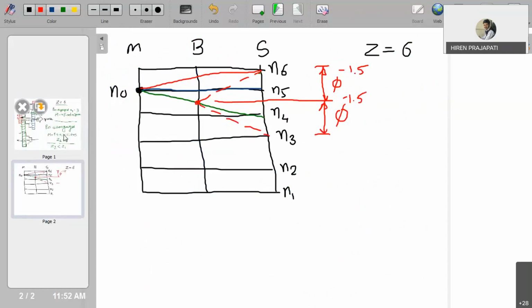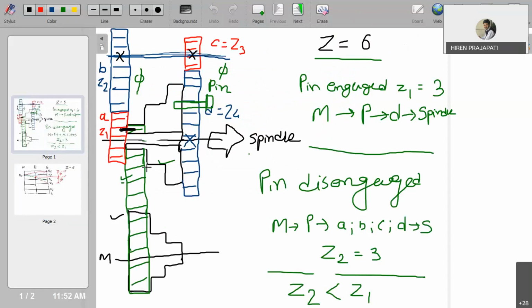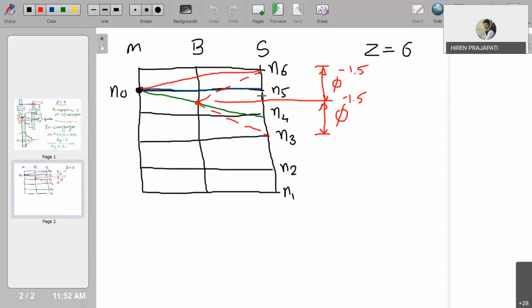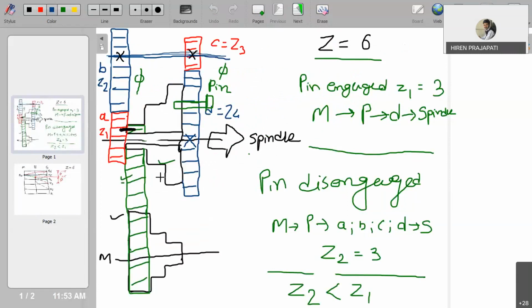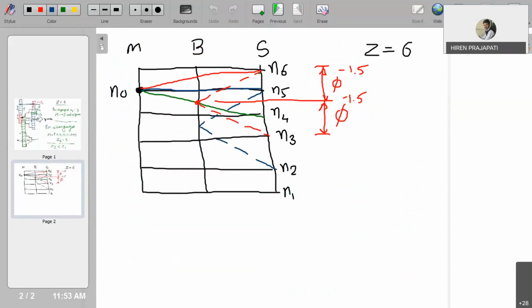If now I switch the position of the belt from the first set of pulleys to the second set, and here the pin is removed and the back gears are connected, then n5 will be reduced to n2, with the same reduction of phi to the power 3. And if now we go for the third set of pulleys with back gears, then n4 will reduce to n1, right?